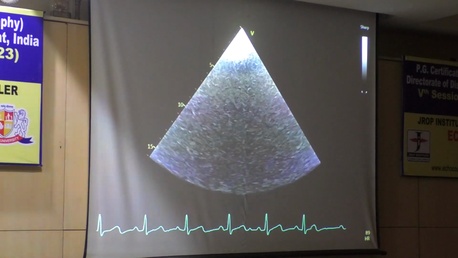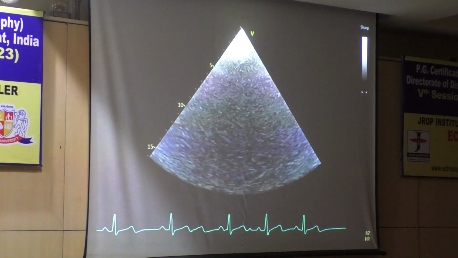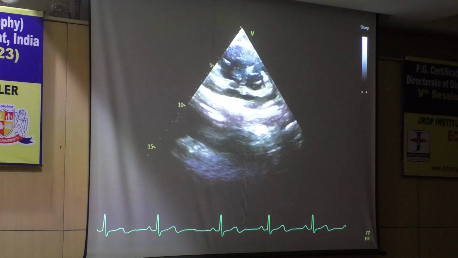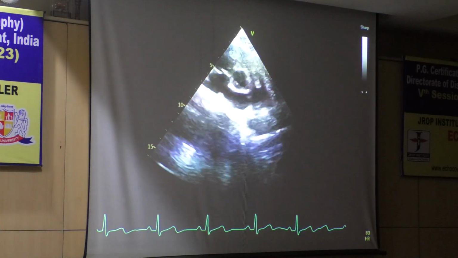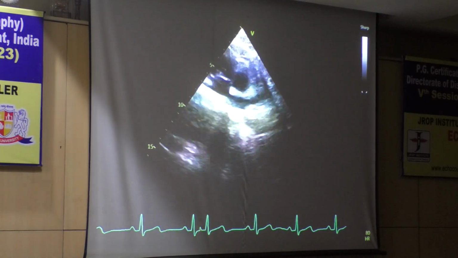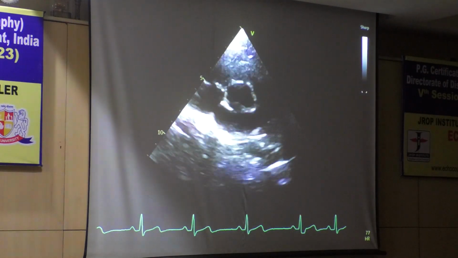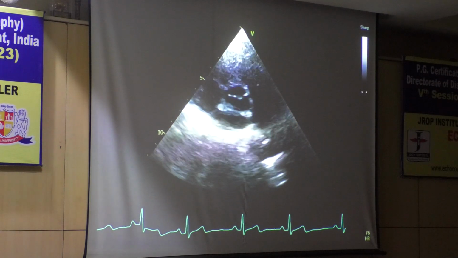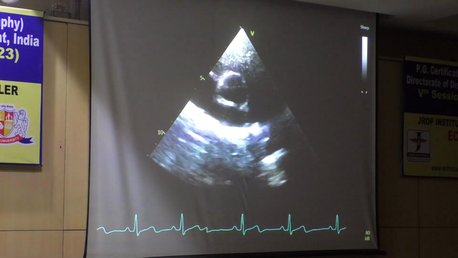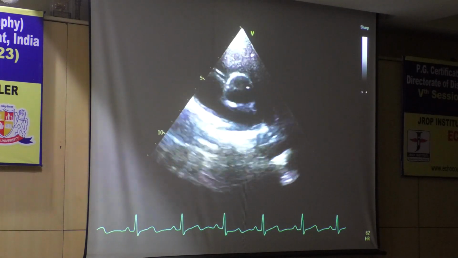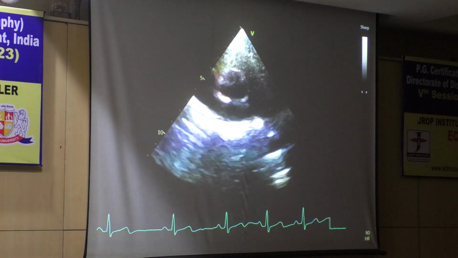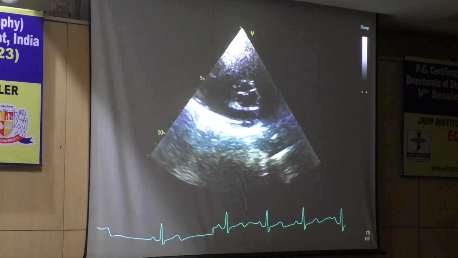So last comes the identification of great vessels. Once you see this kind of structure, that's how I say: if you happen to see a cup and saucer shape of structures, this is always atrioventricular and ventriculoarterial concordance.